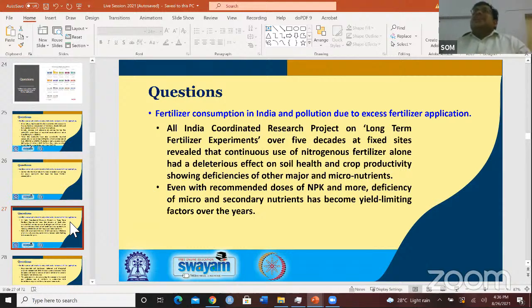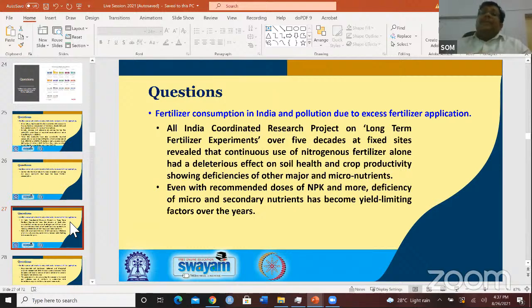So that shows when you go for the continuous application of chemically synthesized fertilizers like urea, DAP, NPK in long-term fertilizer trials, that reduces the native fertility of soil and ultimately shows deficiencies of other major and micronutrients.